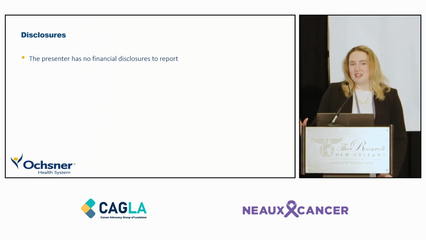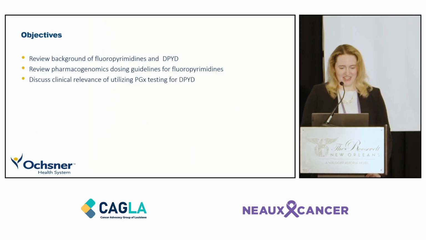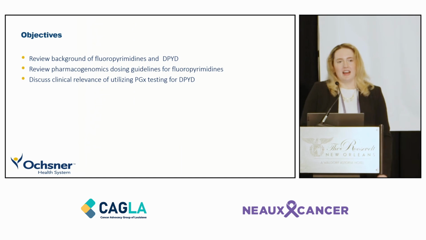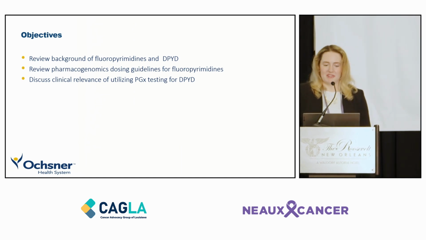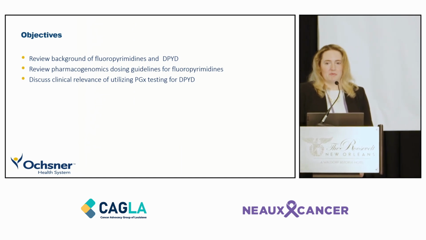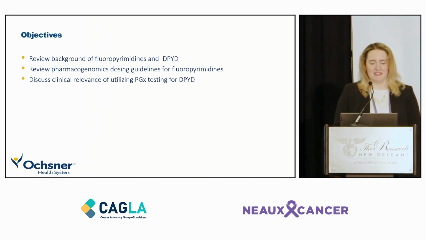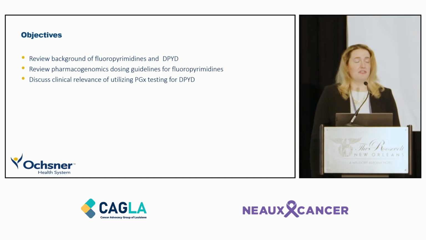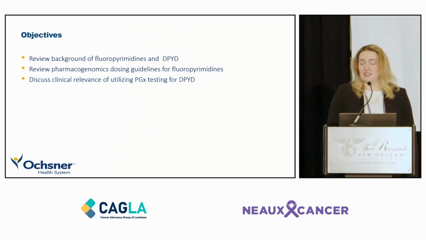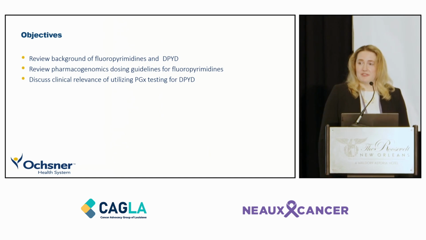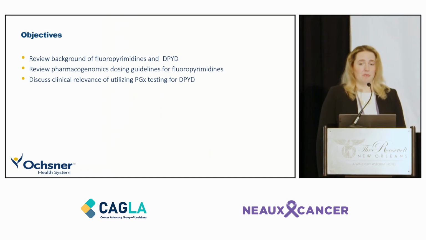So I have no financial disclosures to report from my presentation. And really what I would like us to take away from this presentation today, one is what is the role of DPYD? What is it? Why does it matter? What are we testing for? And what is the background of the different medications that are affected by DPYD? From there, I really want to talk about all of the different data that we have that supports why we need to be pre-testing for DPYD.